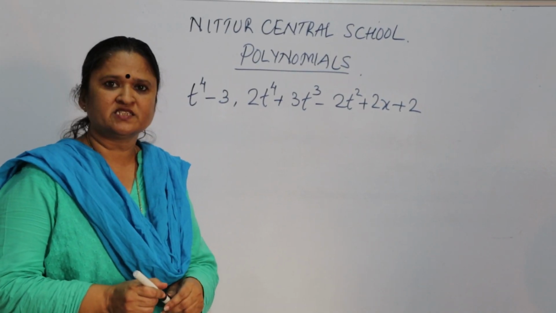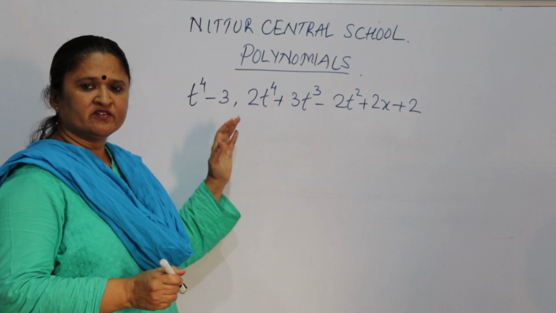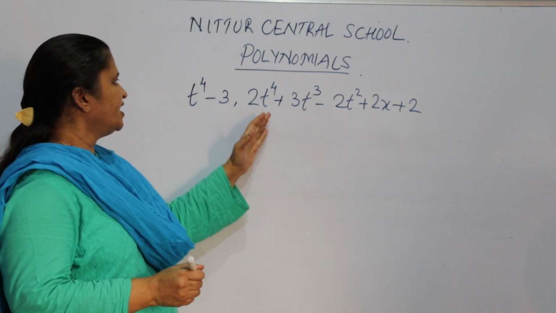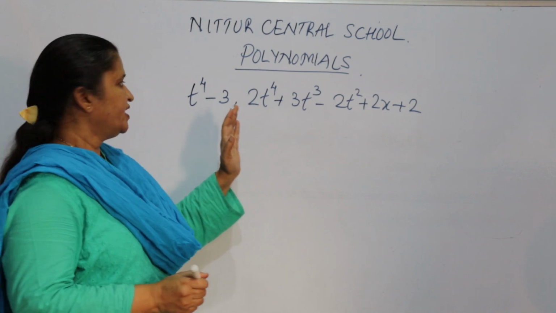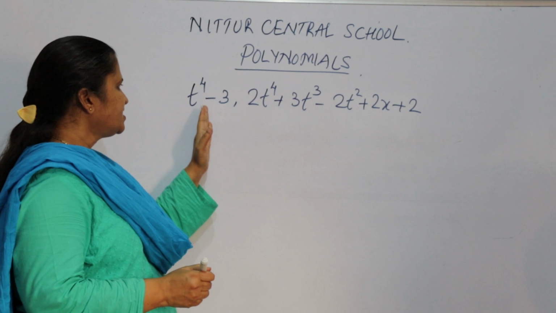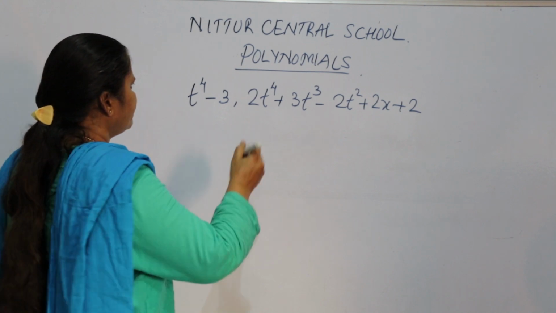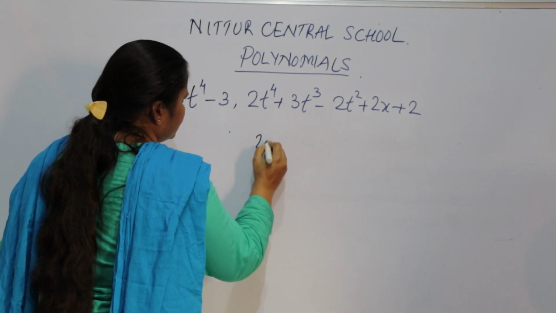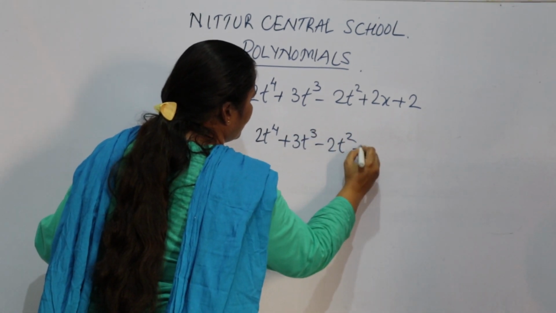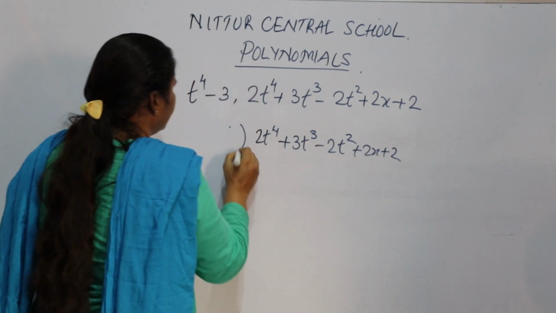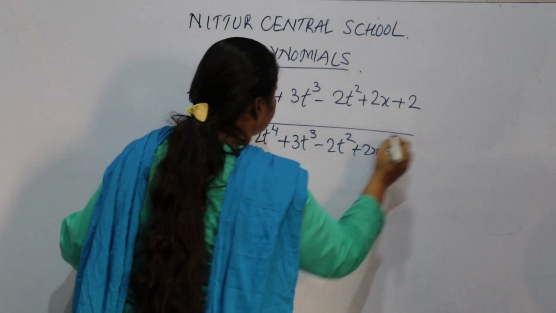Next, we will try to understand how we find whether the given polynomial is a factor of another polynomial. For example, to find whether this first polynomial is a factor of this second polynomial, it's very easy to find. So write this as your P of x, and t raised to 4 minus 3 is your G of x.